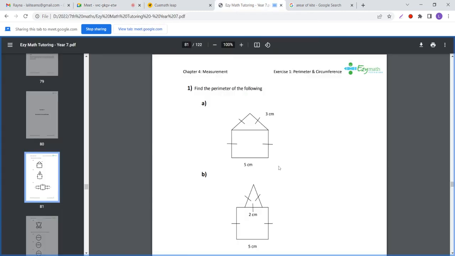Oh, there it is. You can see it, right? Or you want me to zoom in more? I can see.